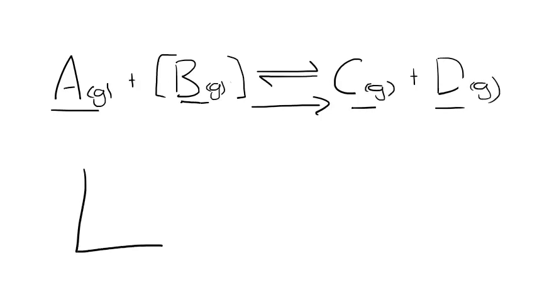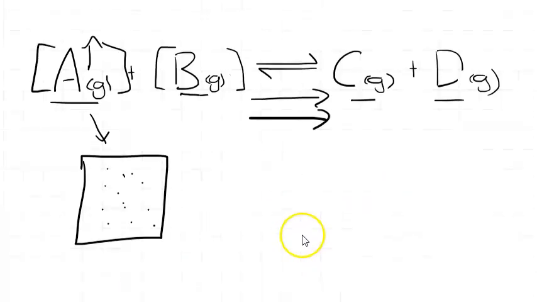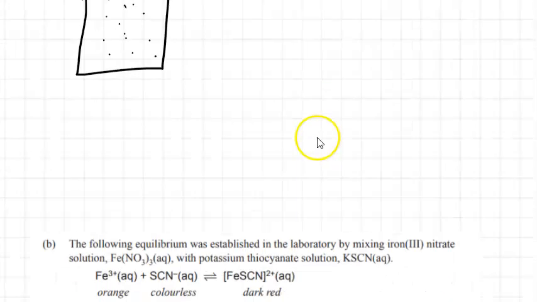If we've got a particular area there with that many A particles, and we add some more A particles into that same space, then we are increasing the concentration of those A particles. The exact same result would happen: we would use up some of those A particles that have been added to produce more products. So that is changing the concentration of an equilibrium reaction.